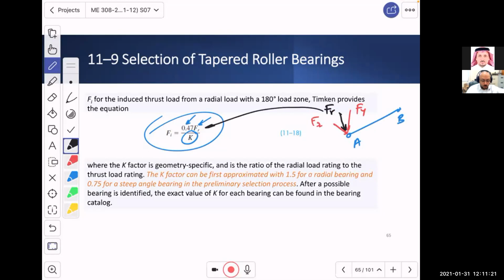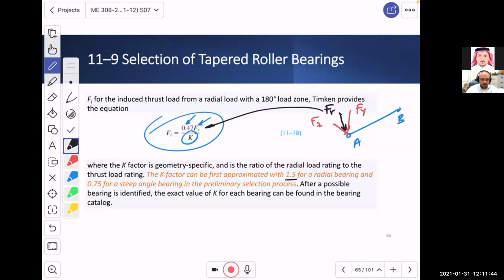What is K? Well, in this particular slide, we told you you can start by approximating K as 1.5. The question is why? Why is there no table? Why is there no equation? Well, K is part of the bearing specification. So if you know it, you should know the bearing.